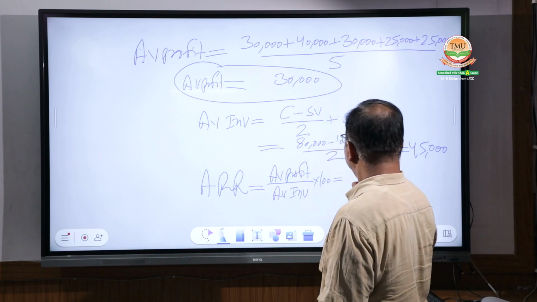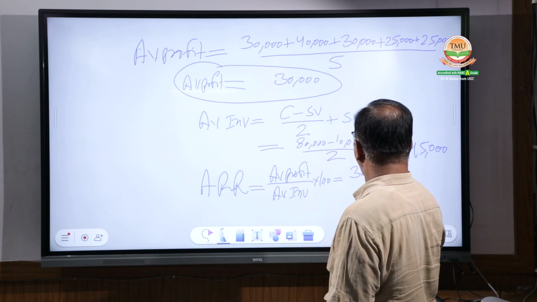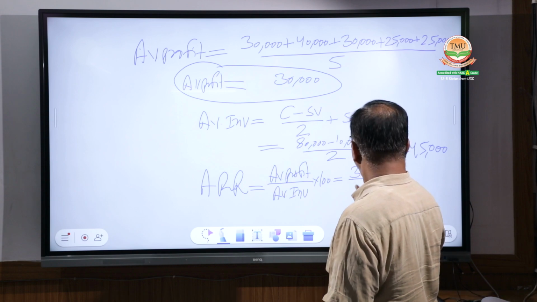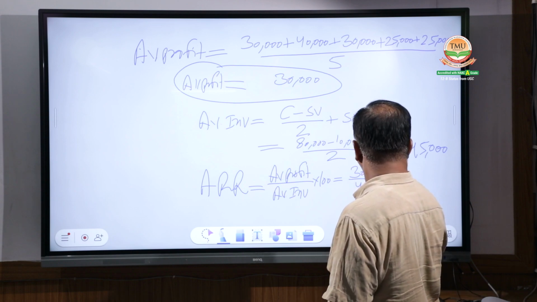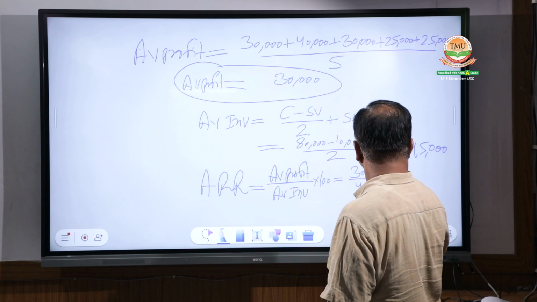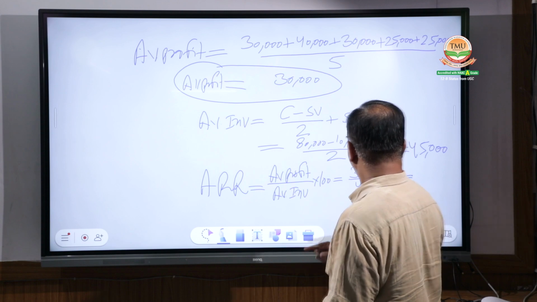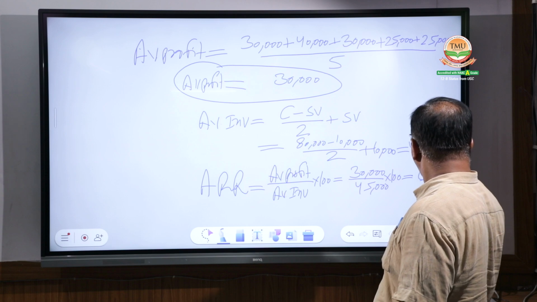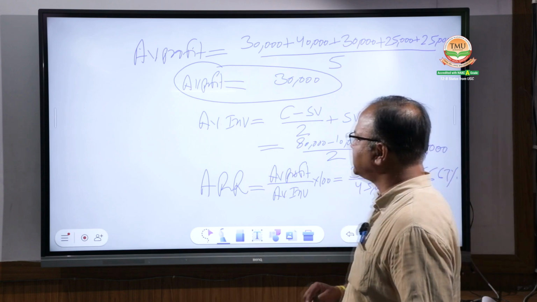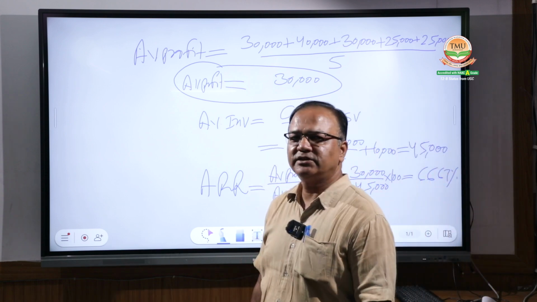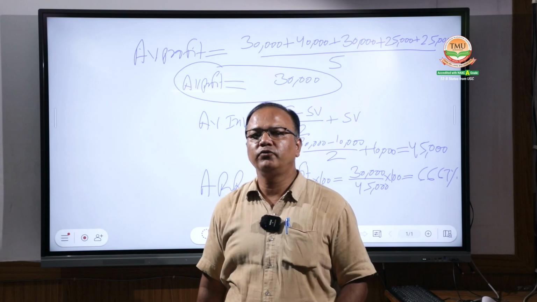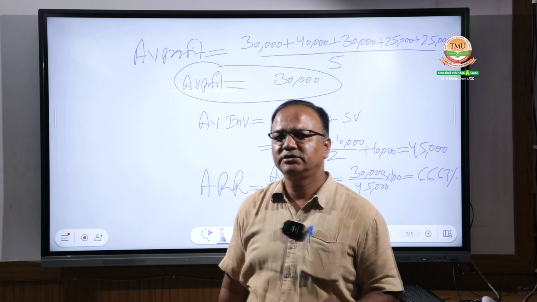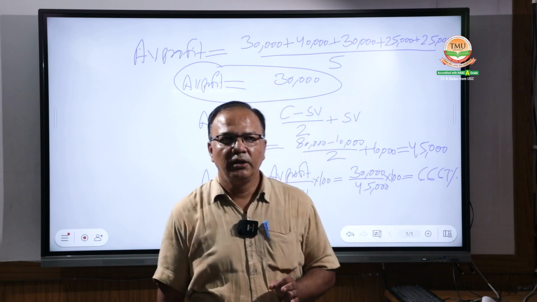It is 30,000 divided by 45,000 into 100. 66.67%. So you can say the accounting rate of return of the project is around 66.67%.